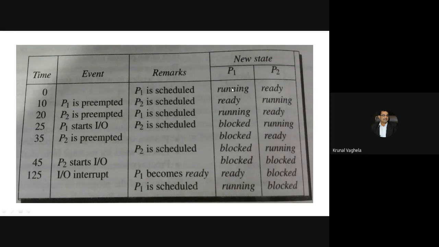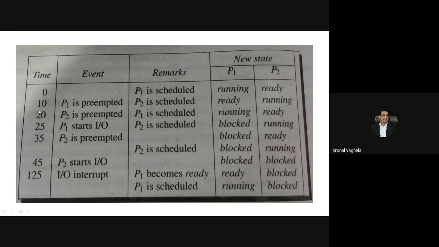So P1 is in running state because it is scheduled. Now it will use the CPU. And for example, there is a process P2 that is ready, because at a time only one process can use the CPU. So when P1 is running, P2 is ready, right?